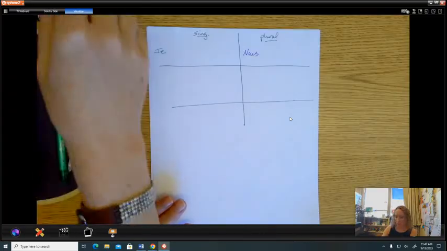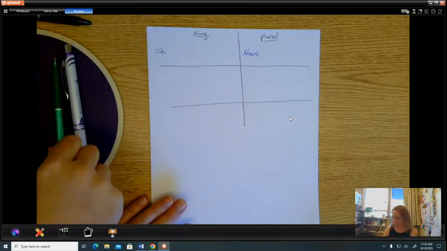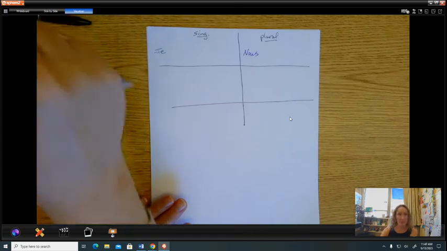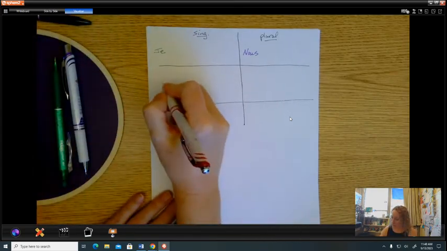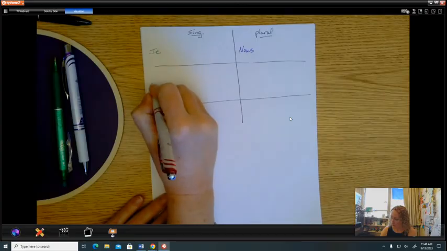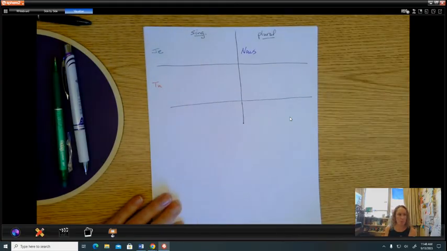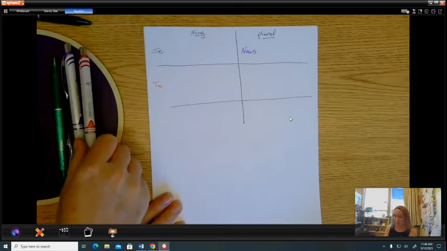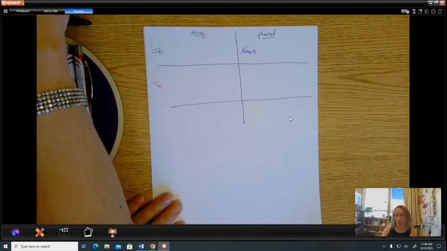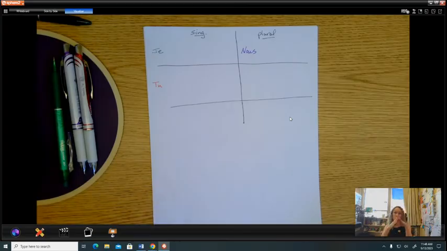Now, you, there are 2 different types of you. I think I'm going to run out of colors, you guys. The first type of you that we learn is tu. And tu is you, like for a friend. It's one person, it's informal, okay? But the French have another type of you, and this is like a you all.